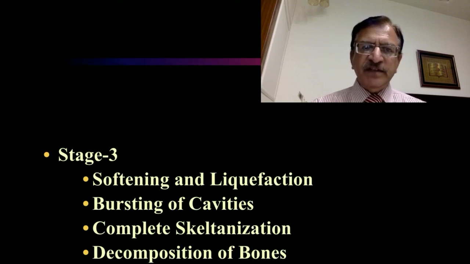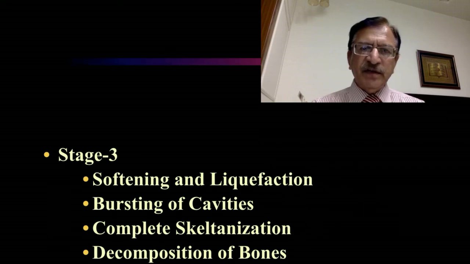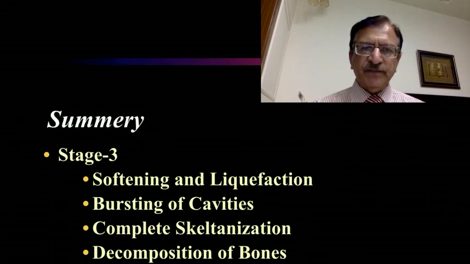Then we have discussed stage 3, in which softening and liquefaction occurs. There is bursting of the cavities, complete skeletonization occurs in 1 to 3 months, and the decomposition of bones. We have discussed various stages.